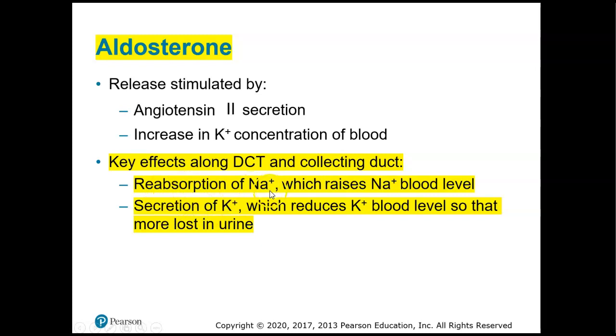Reabsorption of sodium means the sodium leaves the tubular fluid, which is like pre-urine, and enters the blood. Secretion means that potassium was in the blood, so now it's being secreted into the tubular fluid. So that reduces potassium blood levels so that more is lost in the urine.